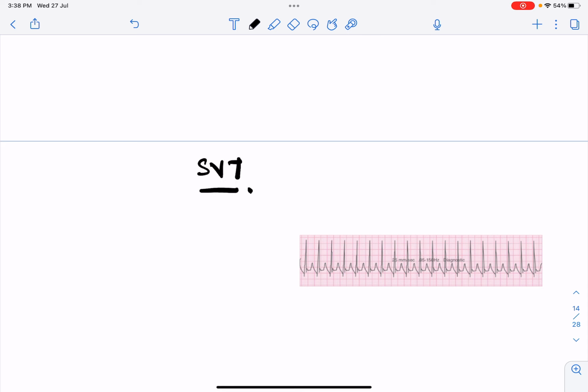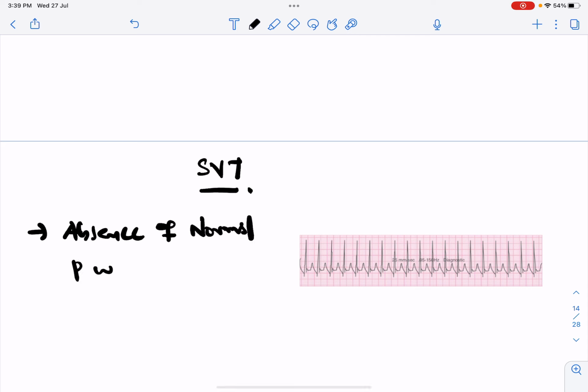So the ECG features of SVT, as already said, it is a narrow regular tachycardia, and the first feature is absence of a normal P wave. There is no sinus P wave in SVT. In this ECG strip, there is no definite P wave.